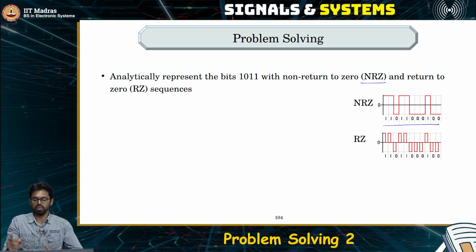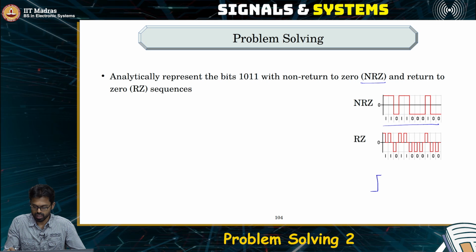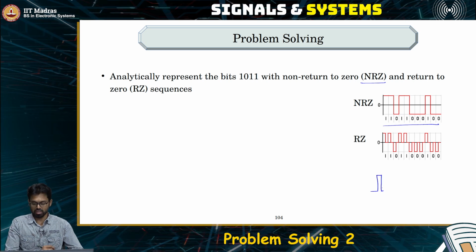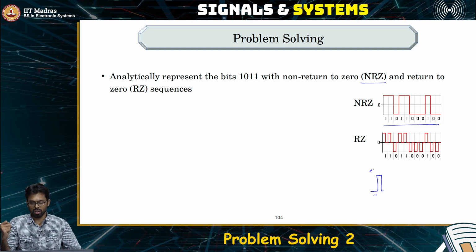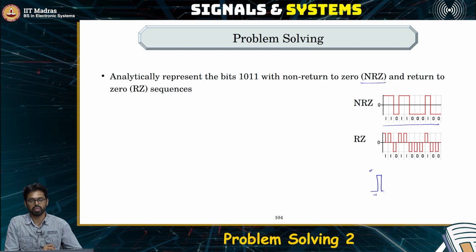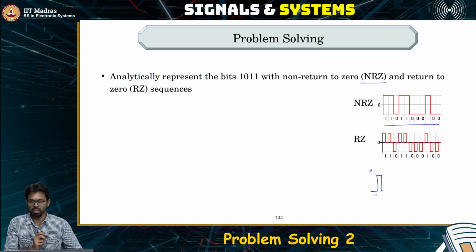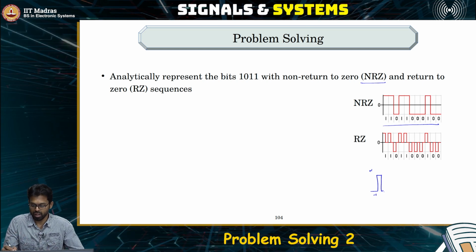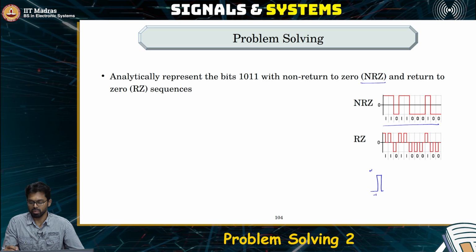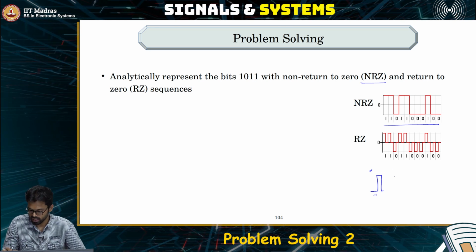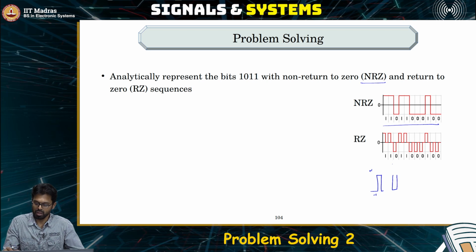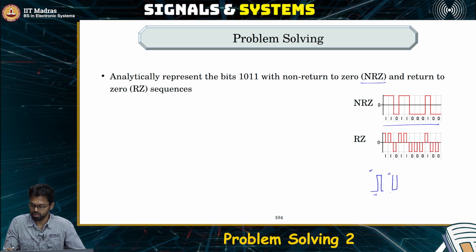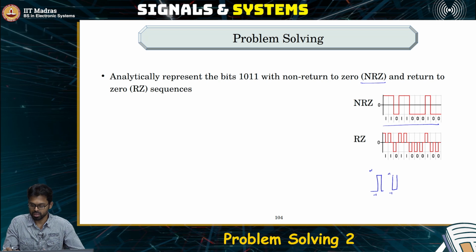So basically whenever there is a 1, then you have a rectangular pulse which goes from minus 1 to plus 1. Now this would represent a digital 1, that is a bit 1, and the 0 is represented by a signal which goes from plus 1 to minus 1.